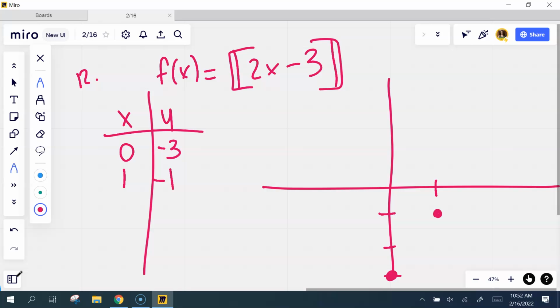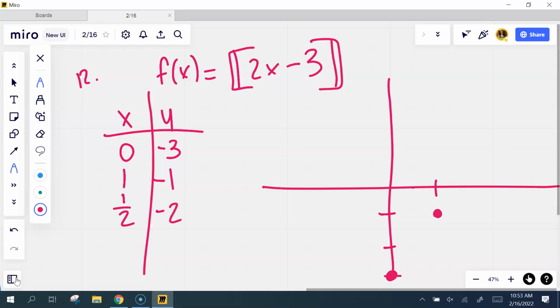So now my question is, where is it jumping? Let's go halfway between those and make sure I find the place where it's jumping. If I plug in a half, 2 times 1/2 is what? 1. And 1 minus 3 is -2.